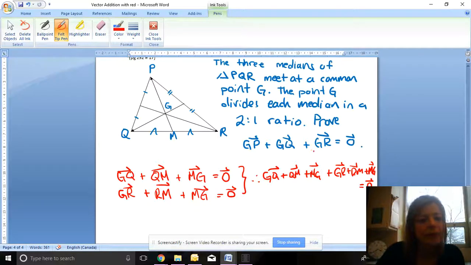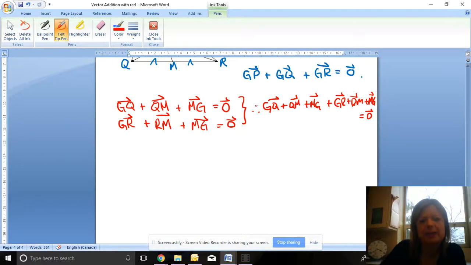But we can rewrite some of these in a different way. I'm going to rewrite the order of some of these below, because these are commutative.